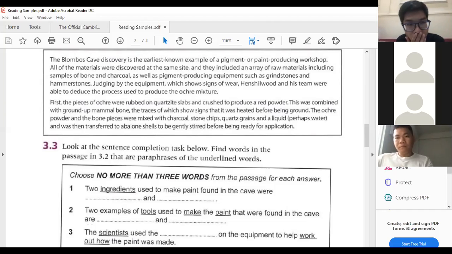Tools. What words did they use in the article to mean tools? Equipment. Equipment, nice. Make. Produce. Produce, nice one. Paint.